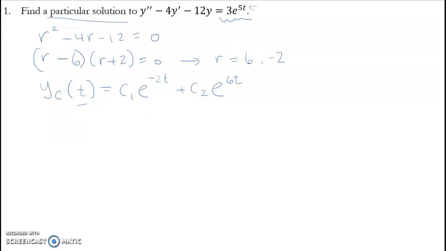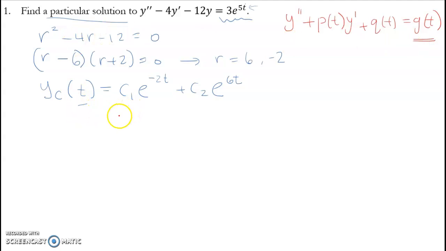And the particular solution follows this form. Let's say this is our general format, p of t y prime plus q of t equals g of t. Then our particular solution takes on the form of g of t.